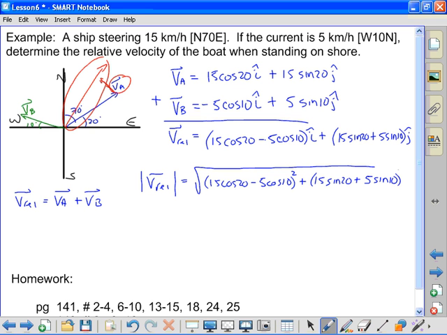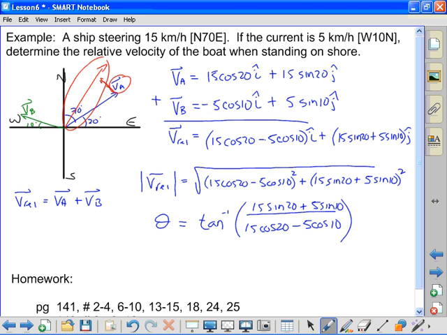So there is our magnitude defined. The angle of travel is tan inverse of the y component, 15 sine 20 plus 5 sine 10, over 15 cos 20 minus 5 cos 10. There we go.